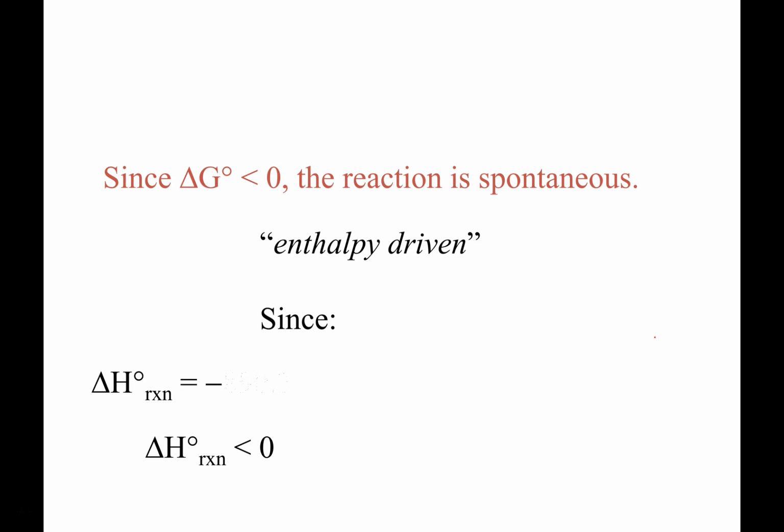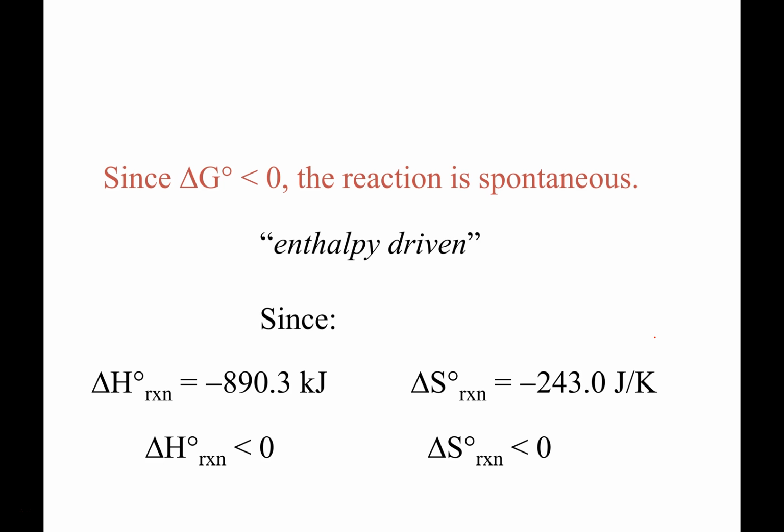But do you buy this? Because this could be a follow-up question. When we looked at the enthalpy and the entropy, we said that the enthalpy being exothermic, dispersion of energy, favored spontaneity.